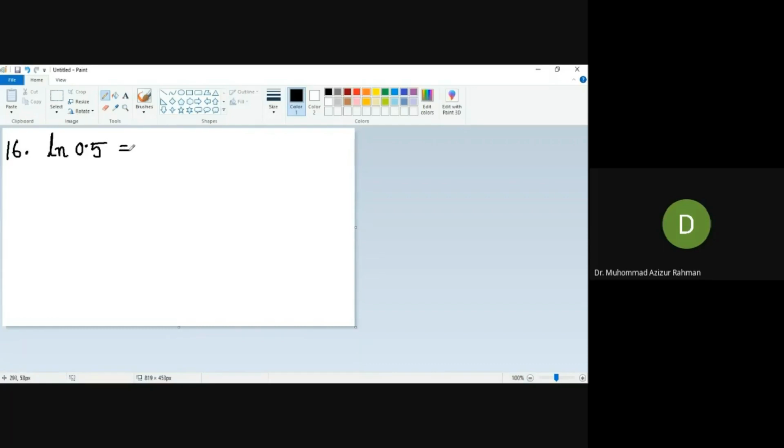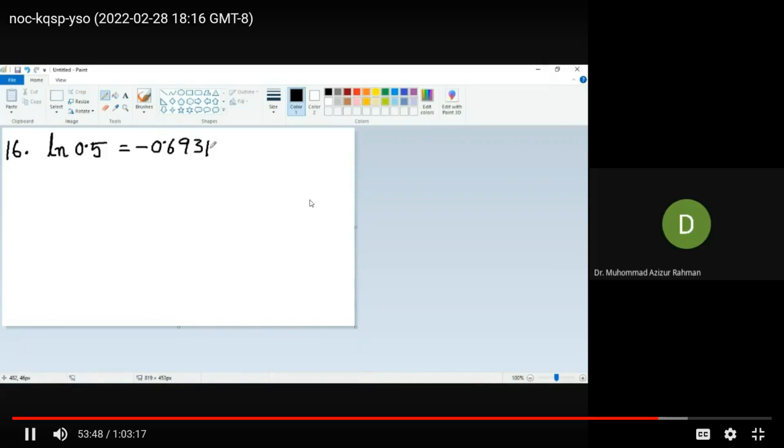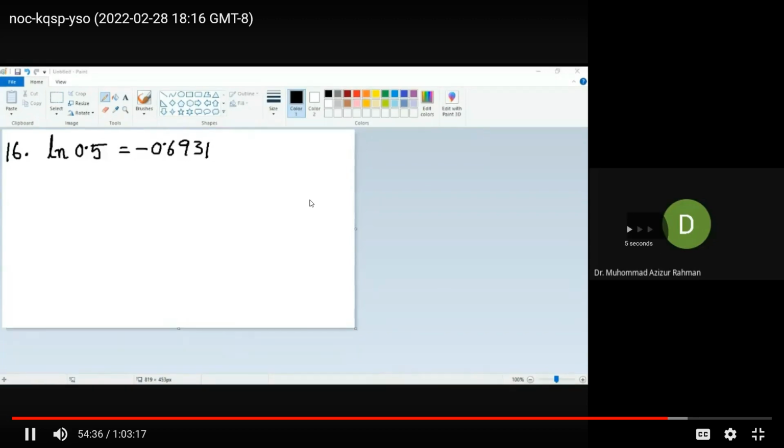Everybody, please do the inverse form. Write it and do it in a similar way to what we just did. Very simple thing. ln means we need to convert to log.